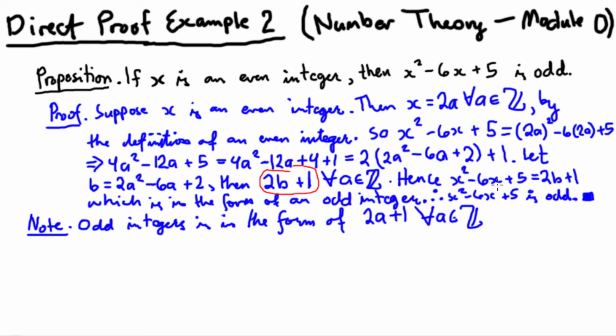Hence, x squared minus 6x plus 5 is equal to 2b plus 1, which signifies that it is in the form of an odd integer. Therefore, x squared minus 6x plus 5 is indeed odd, and that's the end of our proof.